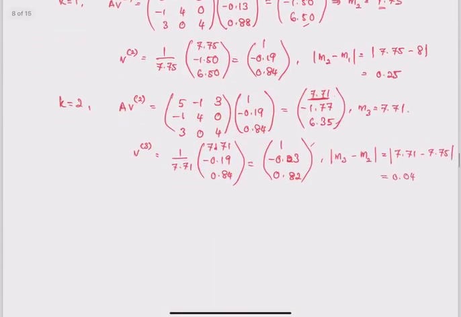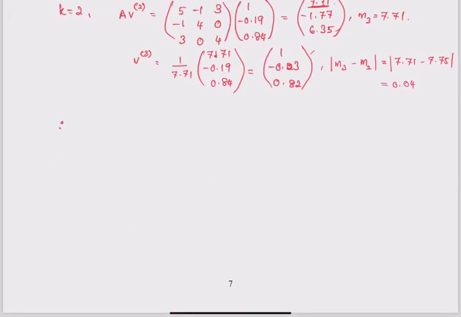So we can say that, therefore, the largest eigenvalue is 7.71, while the eigenvector number 1, or the largest one, is 1, negative 0.23, 0.82 transpose.